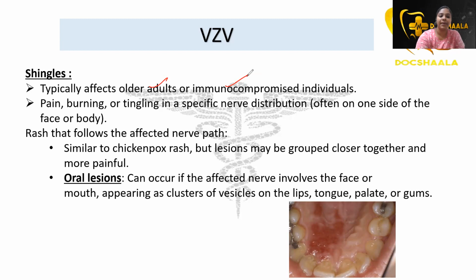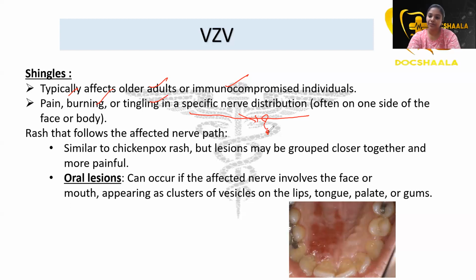So there may be pain, burning, and tingling in a specific nerve distribution. So which specific nerves are involved in shingles? We'll discuss it. It also has a rash, which usually follows the nerve path.